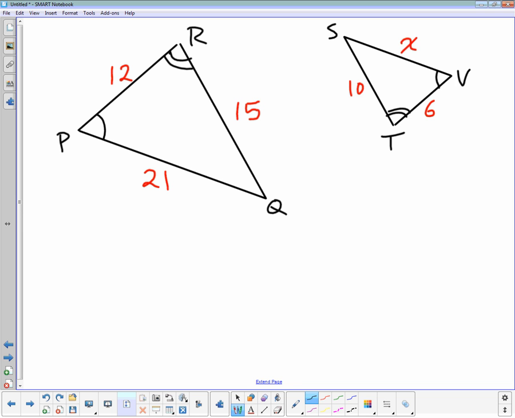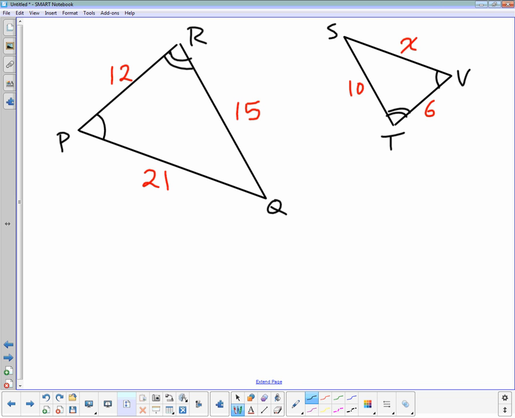Here's a good question before we even begin. Who does x correspond to? Look at the tick marks.